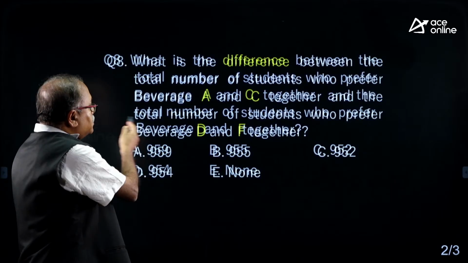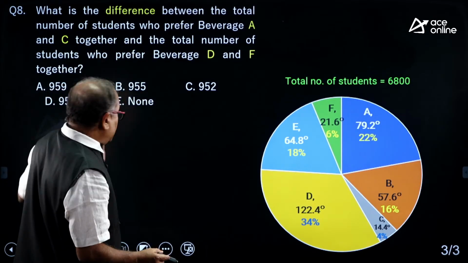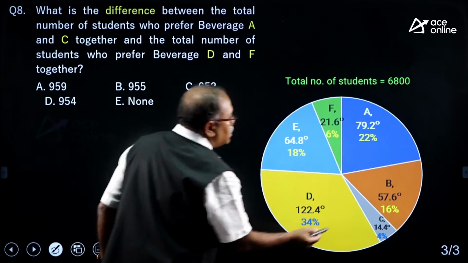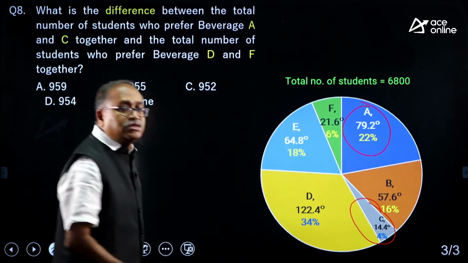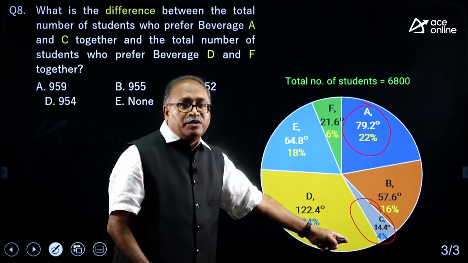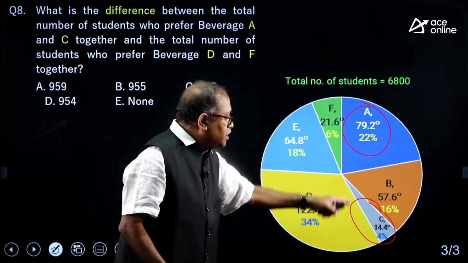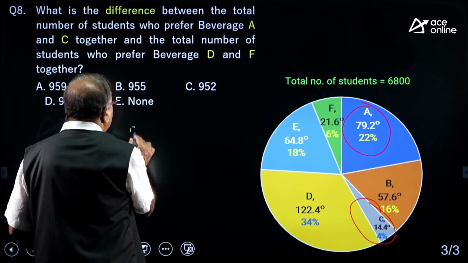Okay, let us take this side, A and C together. So, where is A? A is here. Where is C? C is here. A and C together, I have already put up the percentage, make use of it. That is 22 and 4, that is 26%.